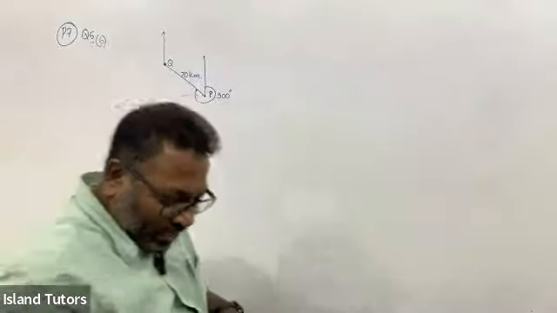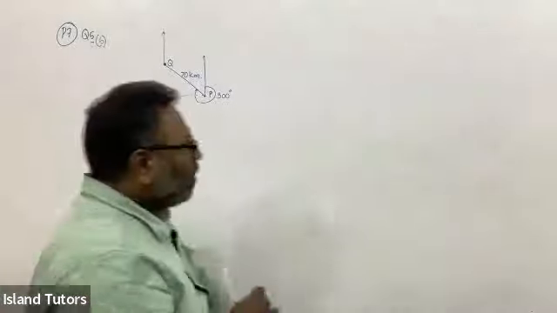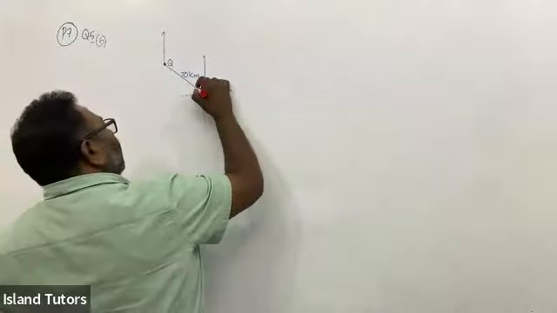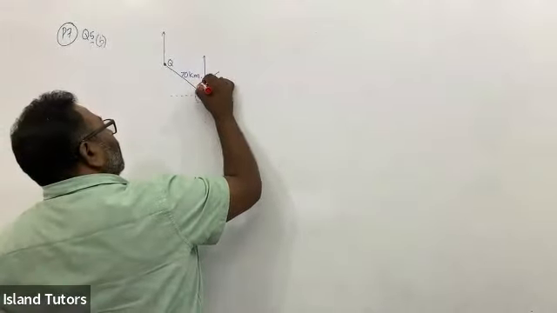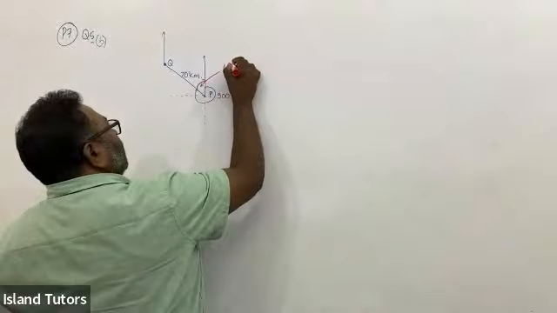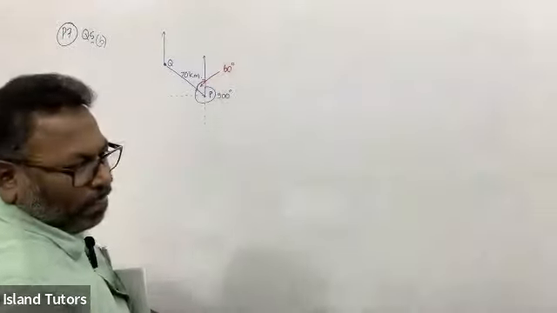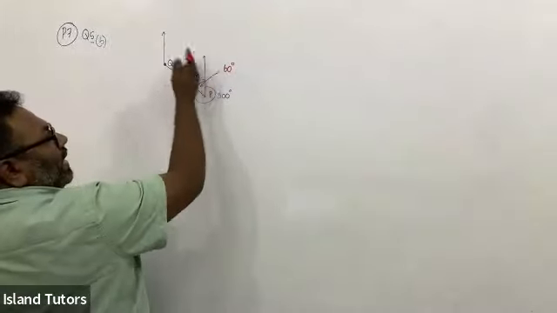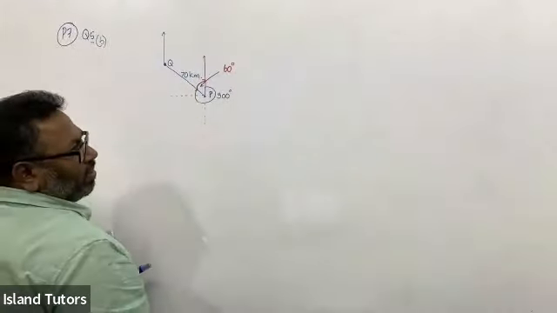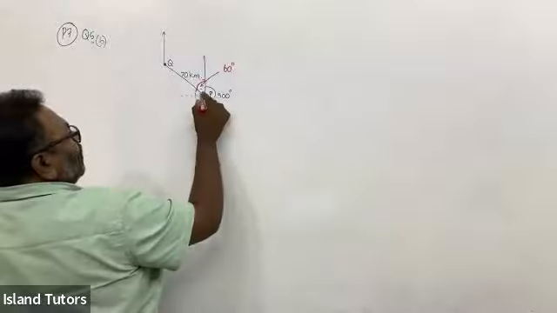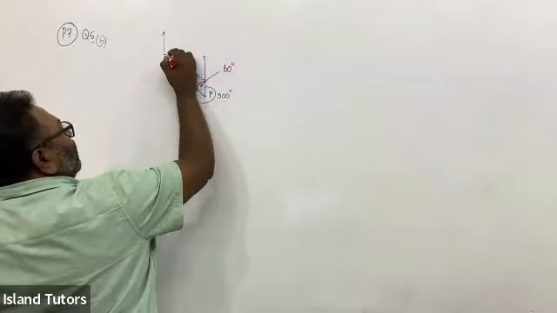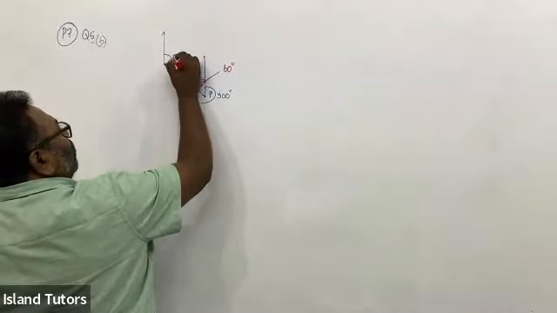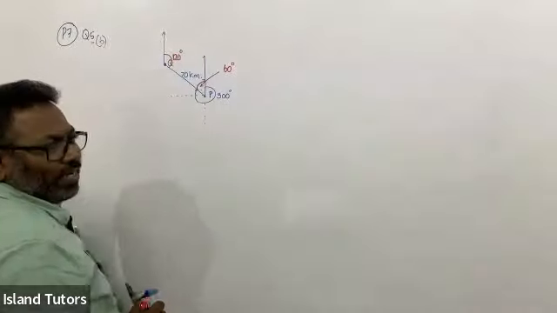So this part will be 60 degrees. We know these two are aligned angles, parallel to each other. So if this is 60, then this angle has to be 120 degrees.